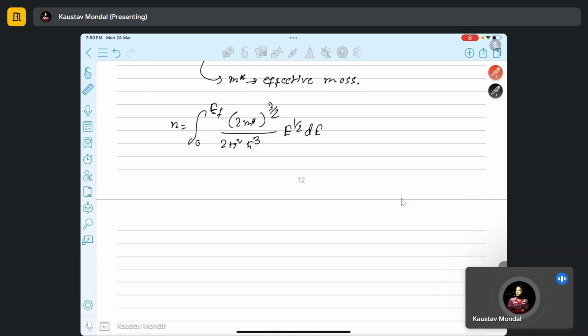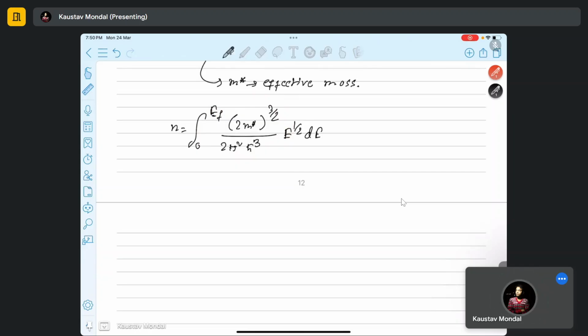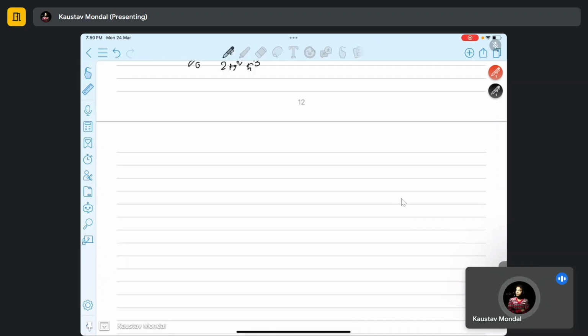Now this whole thing you can consider as a constant. You can just take it out of the integration, right? That gives us N equal to (2m*)^(3/2) / (2π² ħ³) times the integral from 0 to EF of E^(1/2) dE.